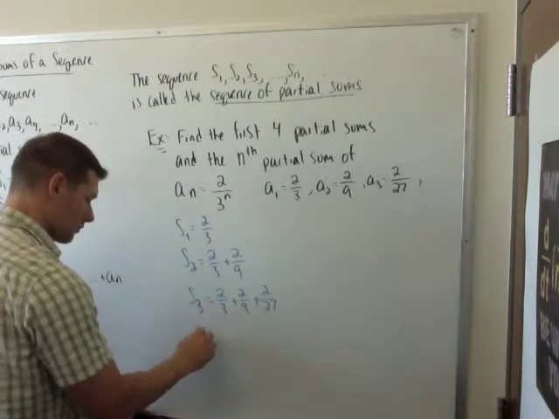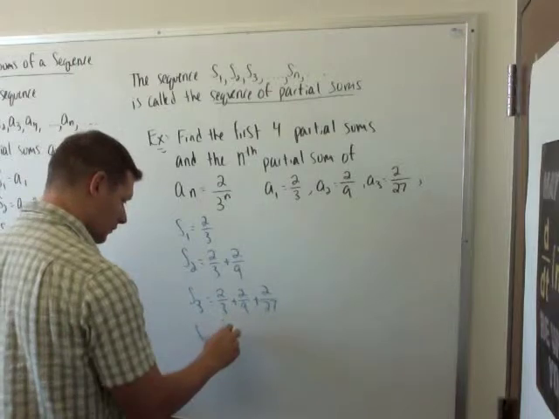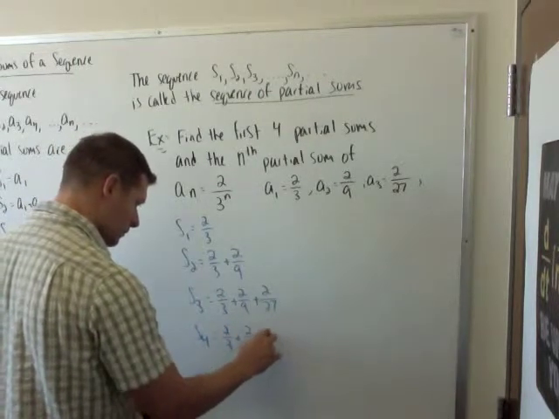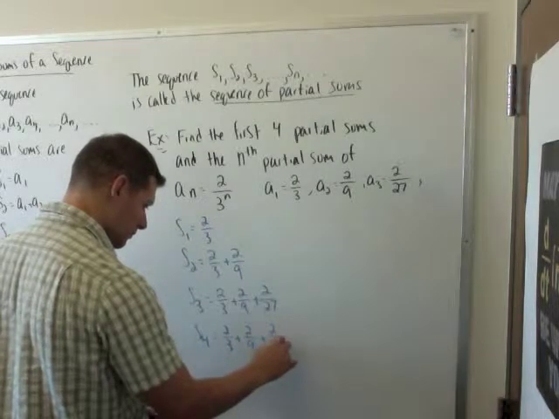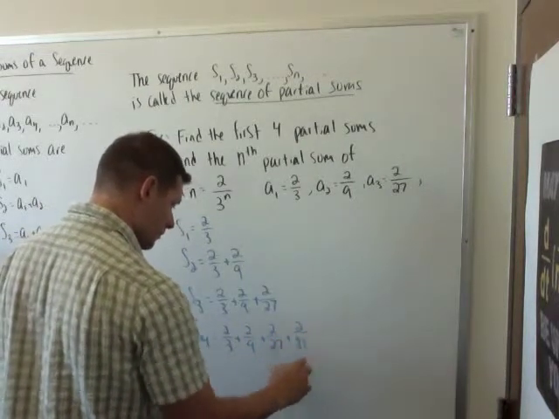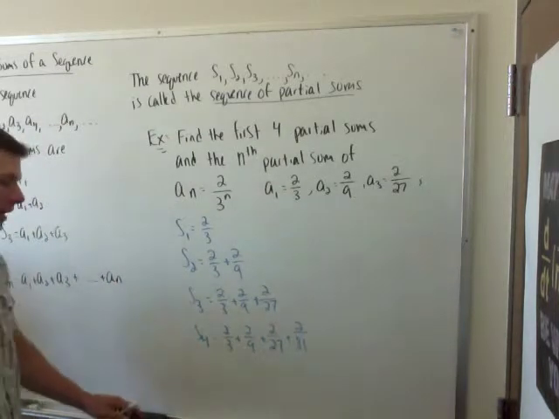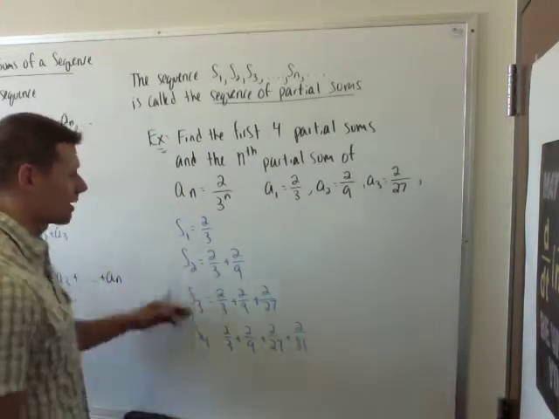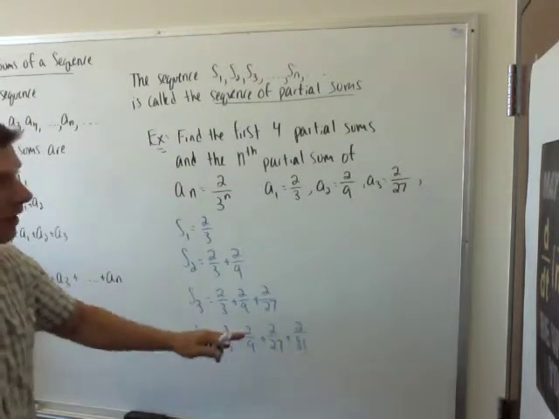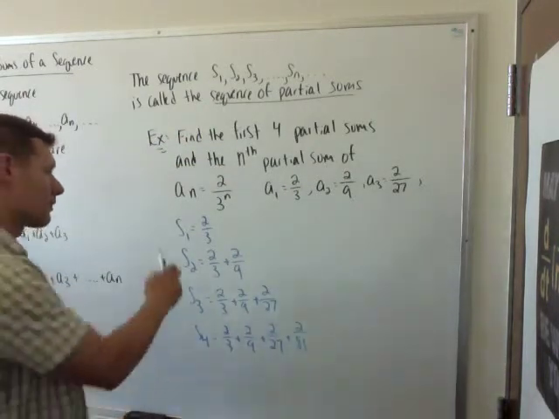S4, I add the first four terms. And so forth. Sn, I add up the first n terms. So it asks me, first of all, to find the first four partial sums. I did them, but I don't have them all calculated, do I? Except for this one. That one's easy.